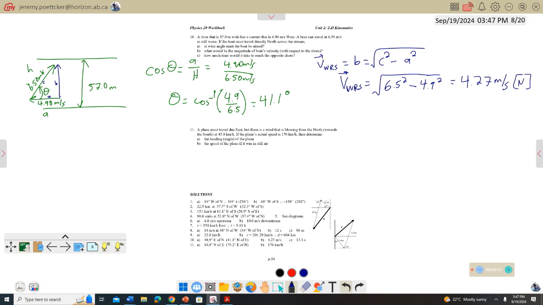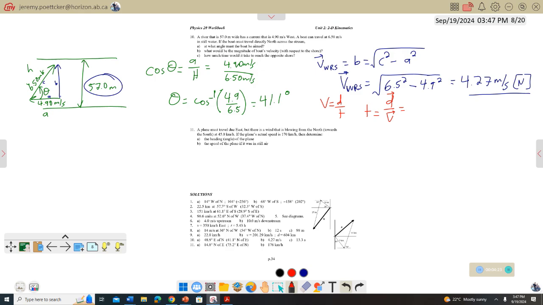And how much time would it take to reach the opposite shore? Well, we have speed, we have displacement, we can do this math, and let's do this in red. Remembering that V is equal to D over T, we want T, so T is equal to distance over velocity, or in this case displacement over velocity.